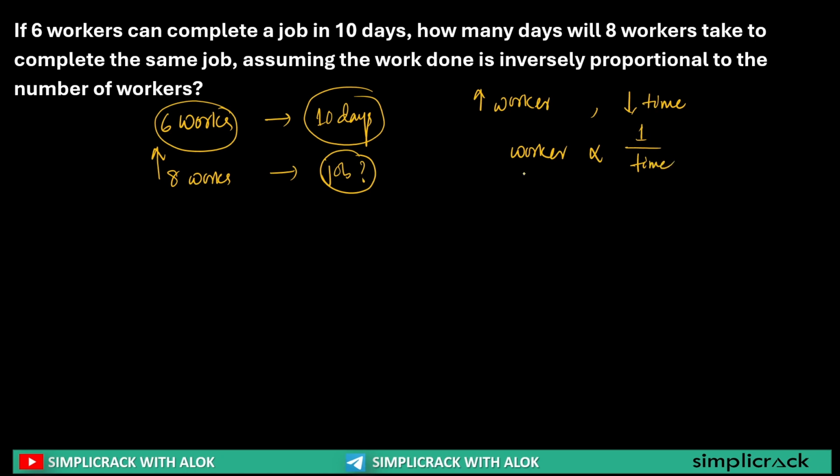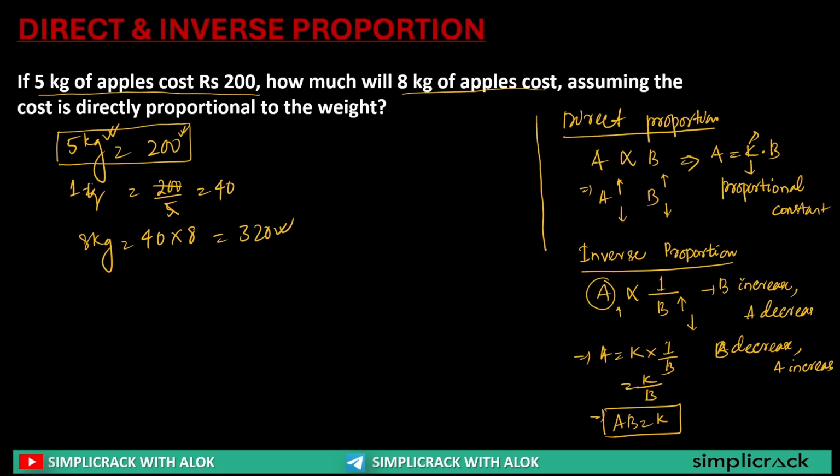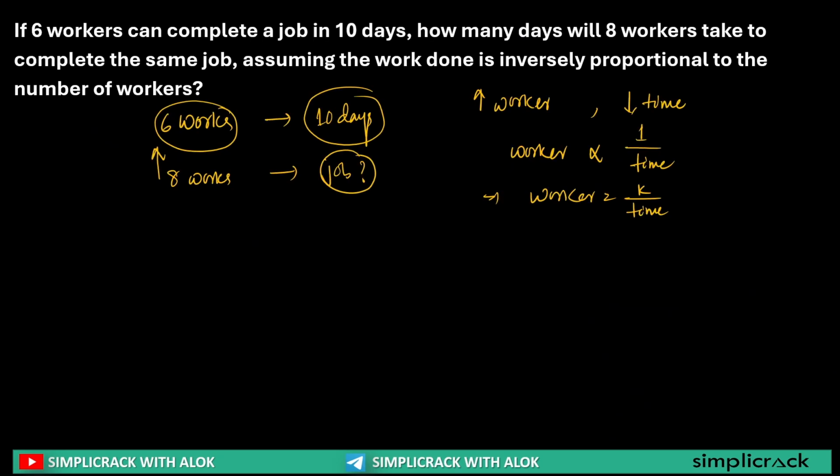Yes, sir, you are right. So I can write worker is equal to k by time. The same way we are calculating the inverse proportionals. Or I can write worker into time will always be constant. Can we write it?